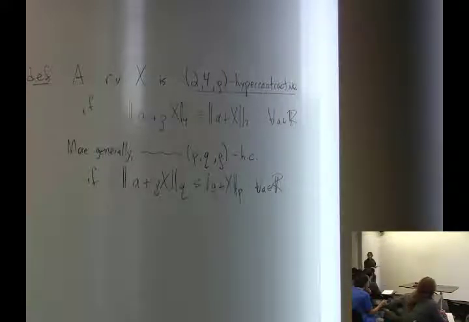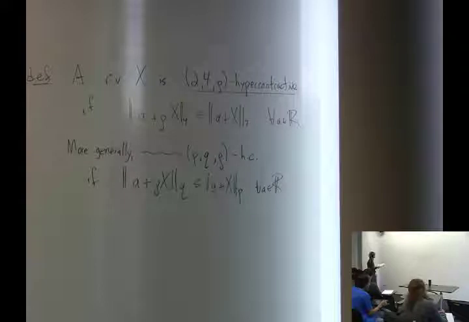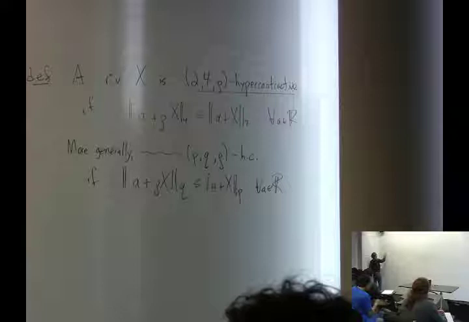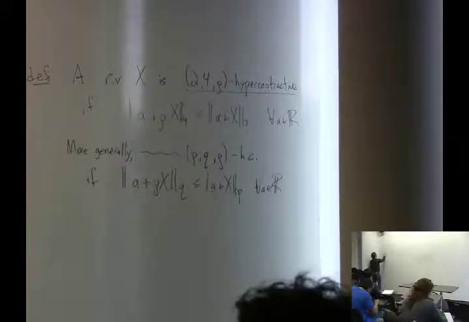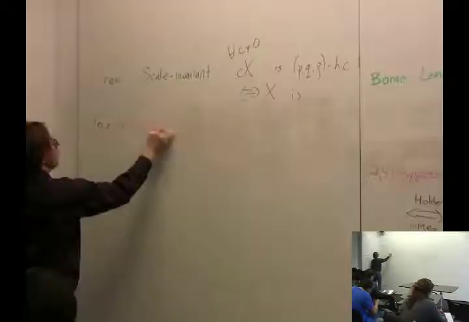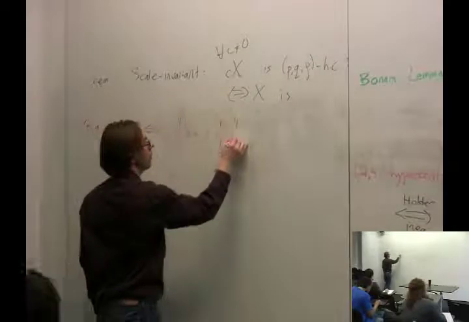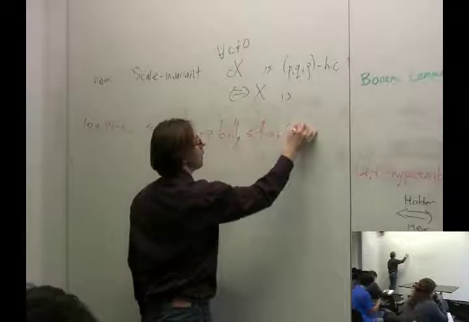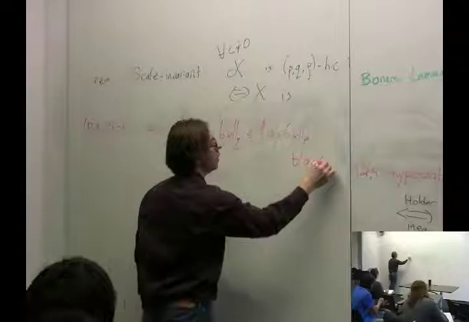Does that make sense? Any questions? Okay, so on that note, you can also see that the definition of (p, q, rho) hypercontractivity is equivalent to saying that the q norm of a plus rho b x is at most the p norm of a plus b x for all a and b in the reals.